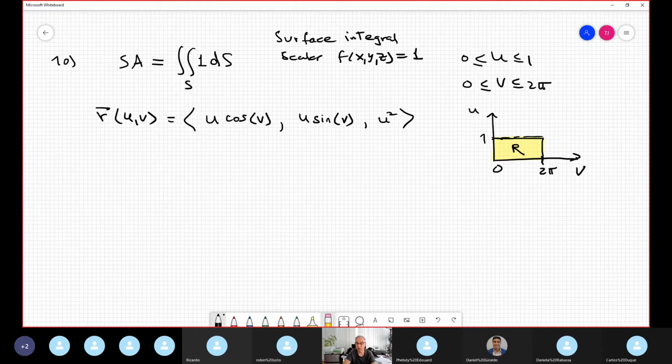The radius is not constant, no? The radius is not constant. It's a variable. Maybe you are right, Gerardo. It's like that, because the radius is not constant. But the identification is because the z component, the last one, the third one, is squared.